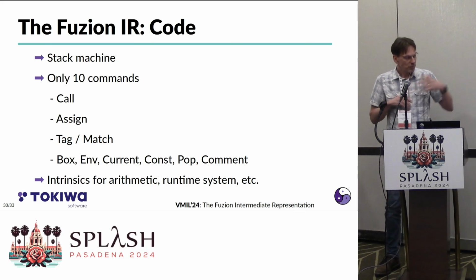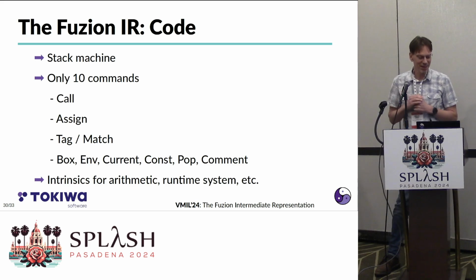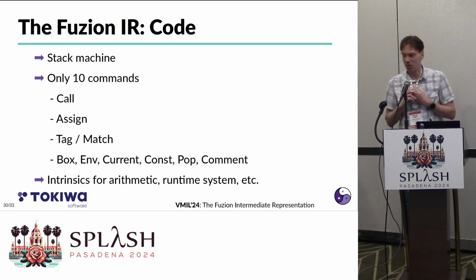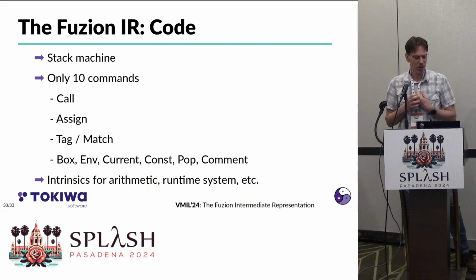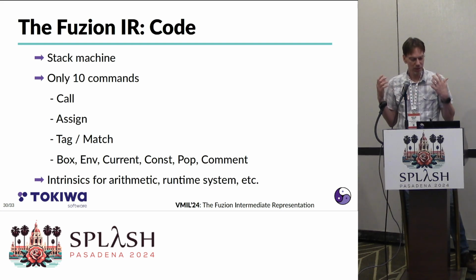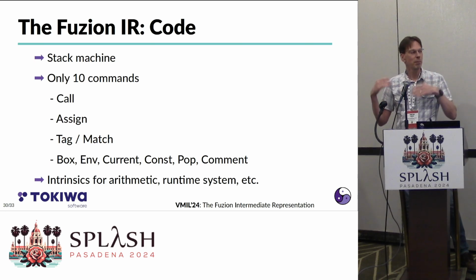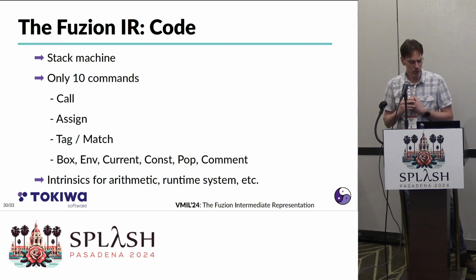Now, since we have so few instructions, the whole complexity to run actual arithmetic and things like that, the intermediate representation uses intrinsics, so specific features that the backend or the analyzer knows how to implement to realize more specific features.